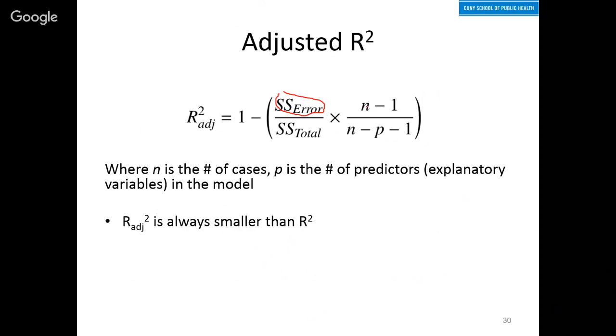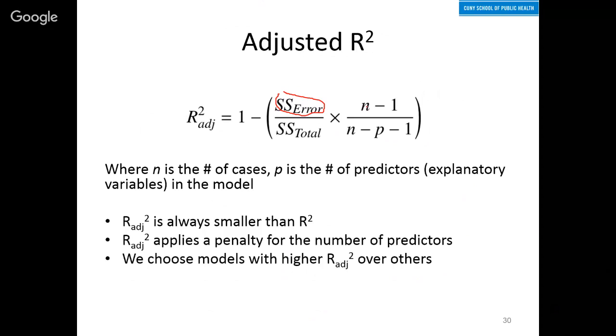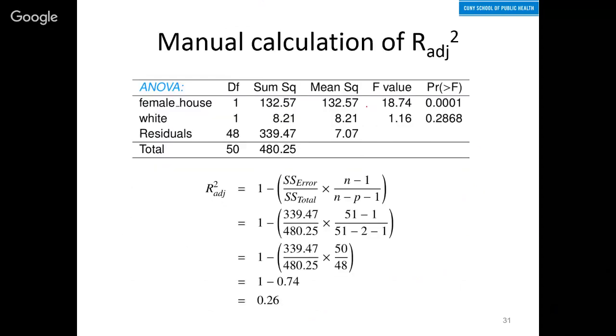It's always smaller than R² because p, your number of predictors, is going to be 1 or more. It's a penalty to the number of predictors, and it gives you something that you can use for model selection. So if you're trying to build a predictive model or your best multivariate model, you can just choose the model with the highest adjusted R².